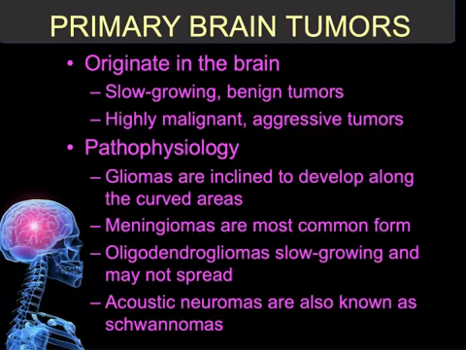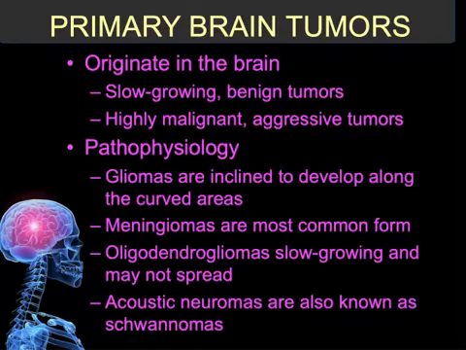Grade 1 and grade 2 are slow growing, but grade 3 tumors can be anaplastic gliomas and cause some significant rapid growth and poor control and differentiation of those cells. So they can impact the surrounding vessels of the brain pretty significantly, and many times these patients present with bleeding. And then meningiomas are the most common form, and they occur in middle age, 40 to 70.